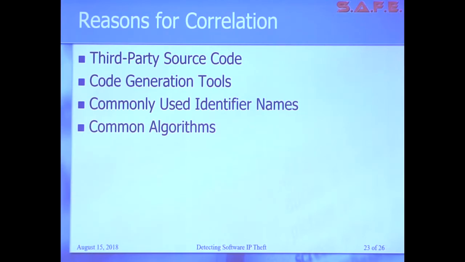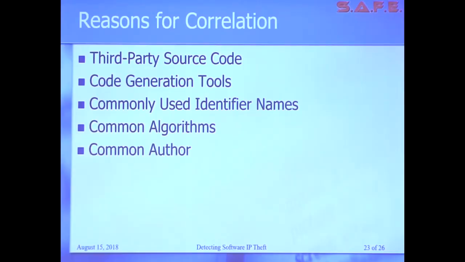Common algorithms. So, I don't know, a bubble sort. People use a bubble sort, and there's going to be some correlation because people know how to do it. Maybe they even take the code from a textbook. And common author. This is one of the more interesting things. If a programmer at one company writes code and moves to another company, then they're going to write code in a very similar way, even though it's not copied. And that'll come up as correlation.